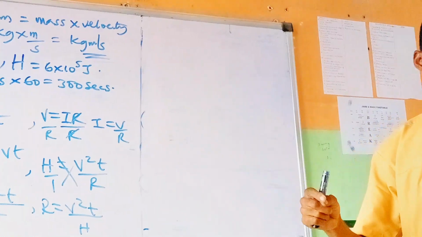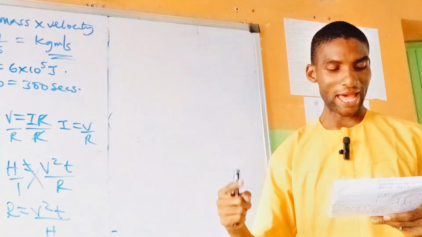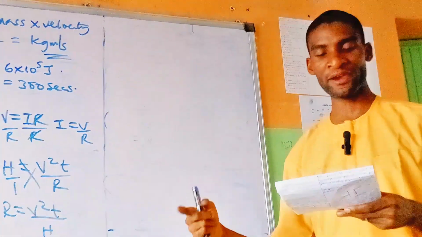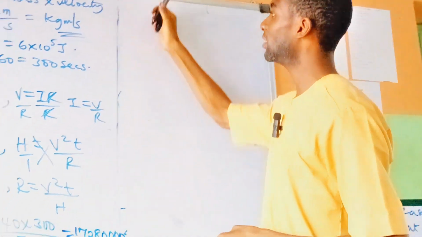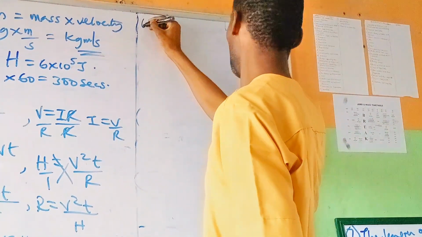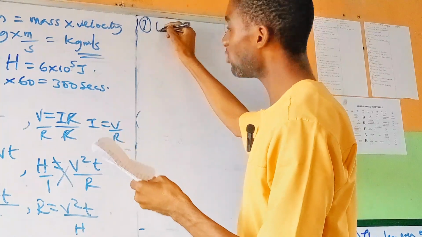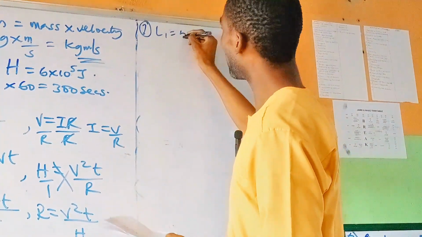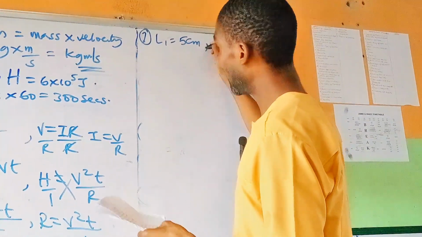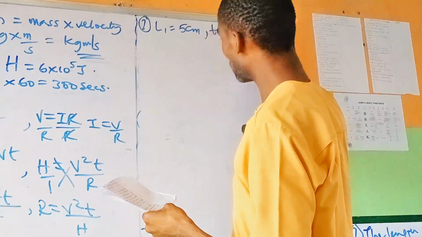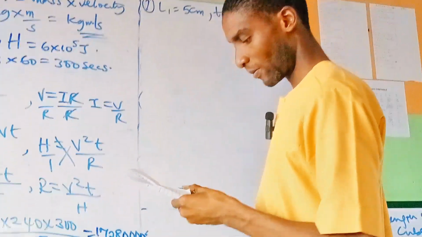The length of a side of a metallic cube at 20 degrees Celsius is 5.0 centimeters. So that means this is number 7. That means our L1 is 5 centimeters and T1 is 20 degrees Celsius.